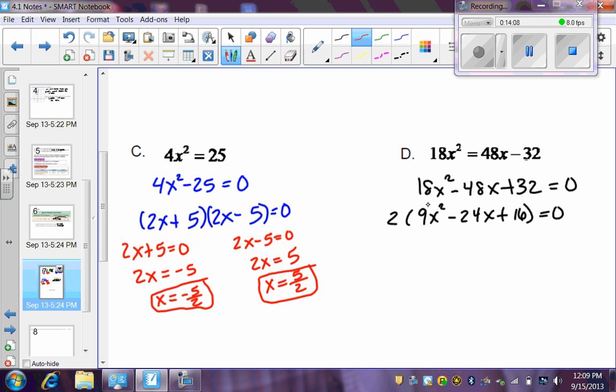Well, then I notice that 9 is a perfect square, 16 is a perfect square, 3 times 4 is 12, and 24 is twice that, so that's just a perfect square trinomial. So that's going to factor to 2 times (3x minus 4) squared.